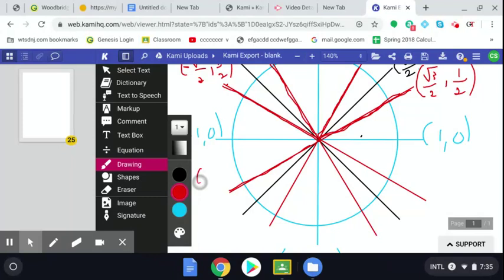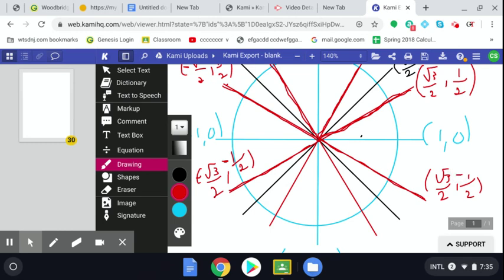So radical 3/2, comma 1/2. But remember, we are always looking at the angle formed with the x-axis, and the same is going to be true about this one, right? So radical 3/2 and 1/2. Just adjust the signs. So here, both are negative, and here x is positive, y is negative.